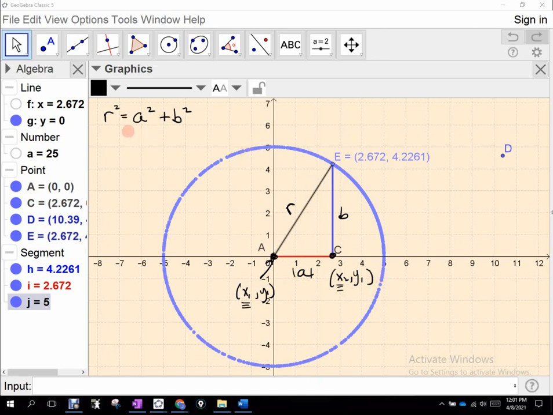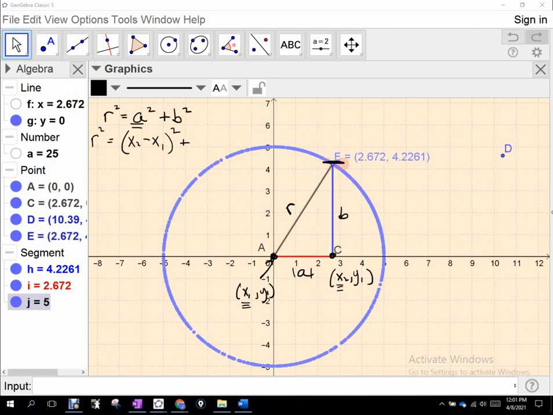So what we end up with here is that A distance is x1 and x2's difference. So I'm going to say x2 minus x1, and then I'm going to square that. That is going to equal r squared, and then plus I've got to find my b squared.